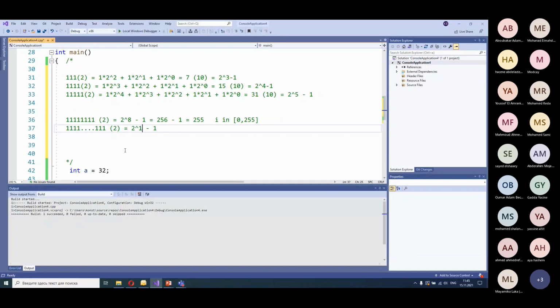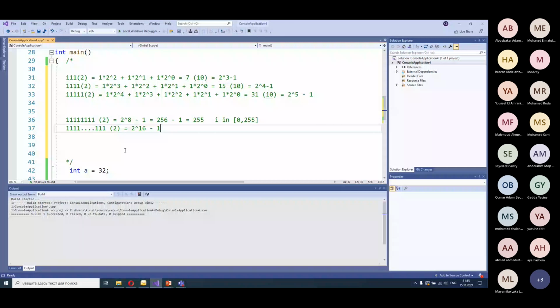And in this case, binary numbers are in the range from 0 to 2 power 16 minus 1. This number, maybe it's written here in my presentation.